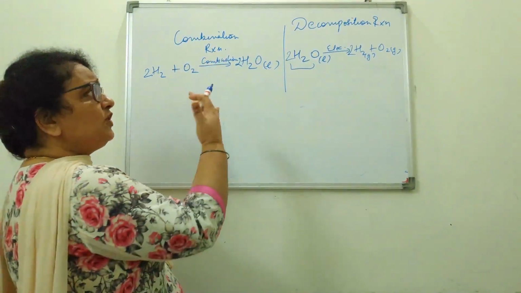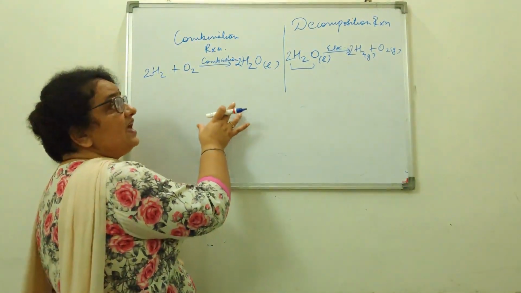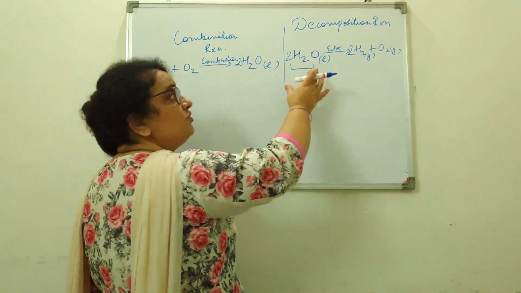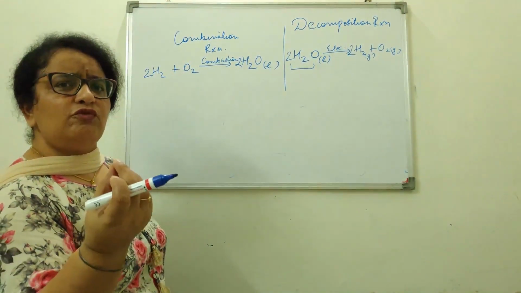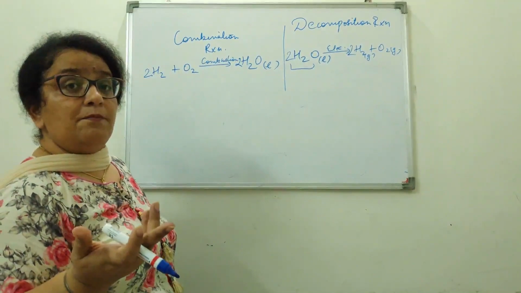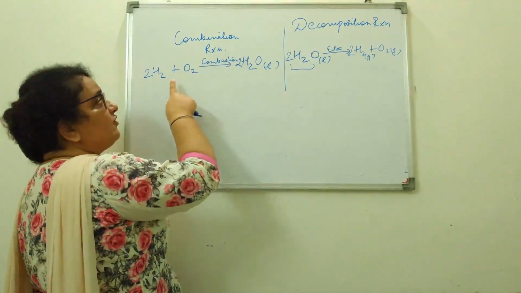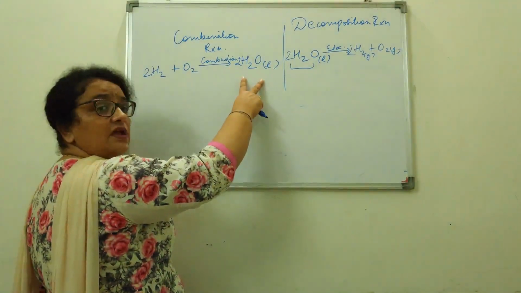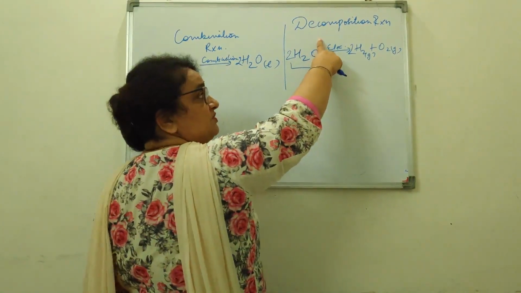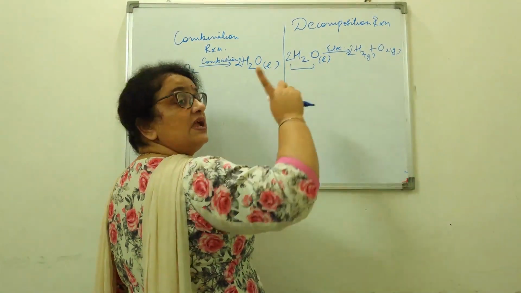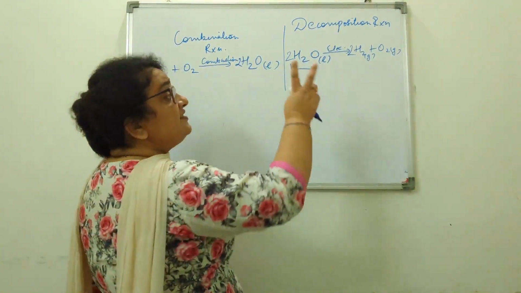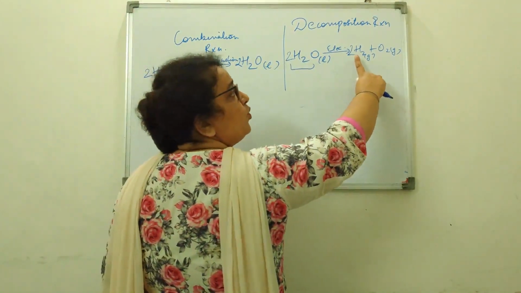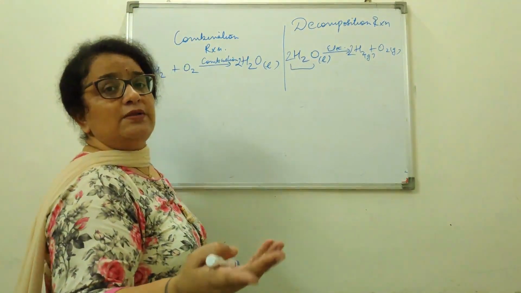So can you see, now you can clearly write, it is very clearly evident in the above example that combination reactions are opposite to decomposition reactions. You just have to write a few words if you don't write complete sentences. Combination means combining 2 or 3 elements or compounds to give a single compound. And decomposition means using energy in the form of electricity, heat or sunlight, a single compound splits, breaks, decomposes into 1, 2 or more elements or compounds.